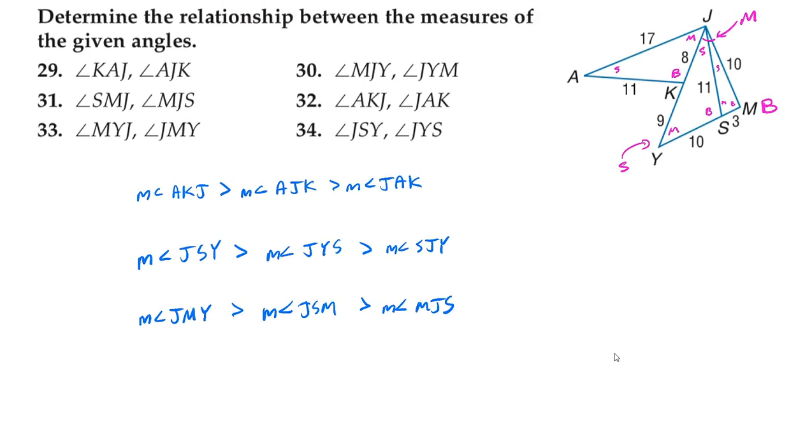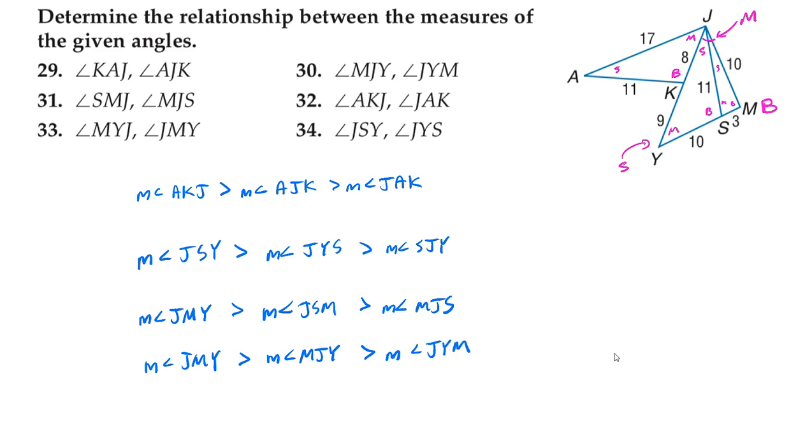So in that triangle, we have the biggest is JMY. And that's bigger than the measure of angle, the medium is YJM or MJY. And that's bigger than the smallest in that triangle, which is angle Y or JYM.